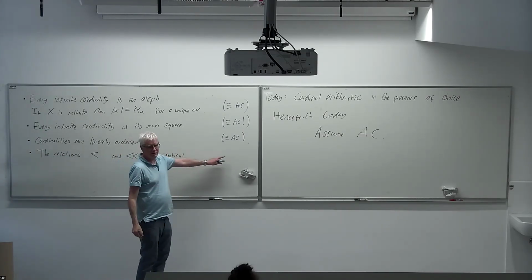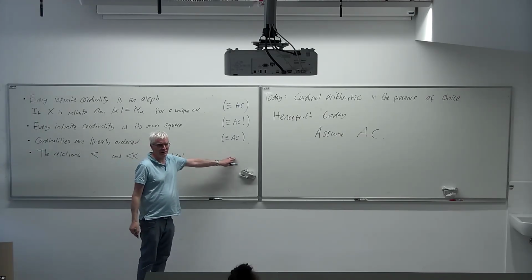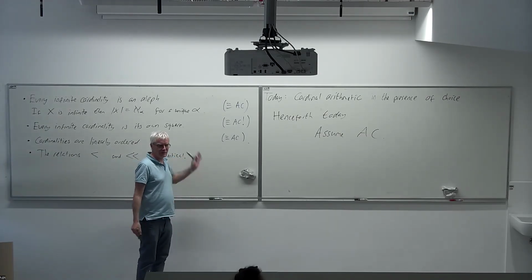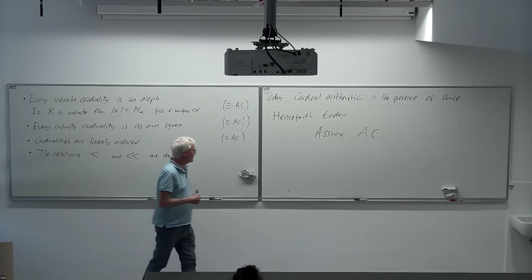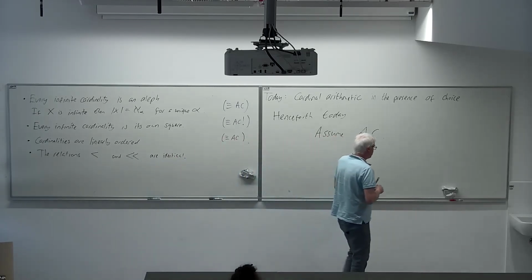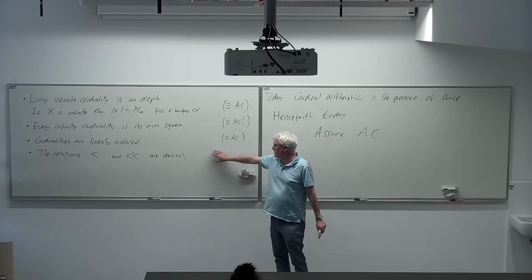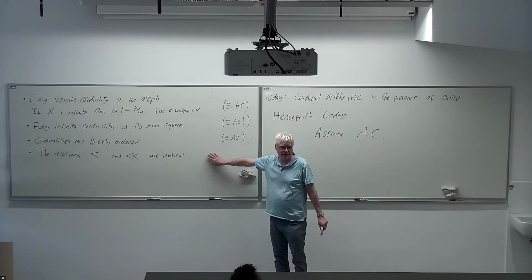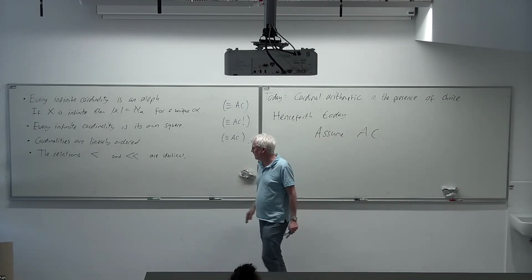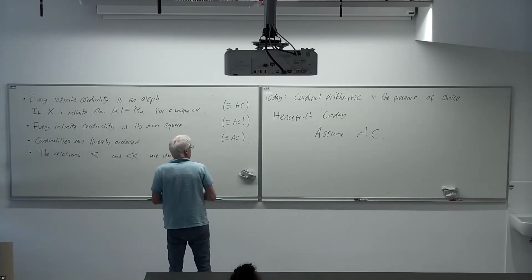I have no idea whether this statement is equivalent to choice or not, but it's certainly a consequence. And again, it's an easy exercise to verify this from the axiom of choice. So I'll leave that as an exercise.